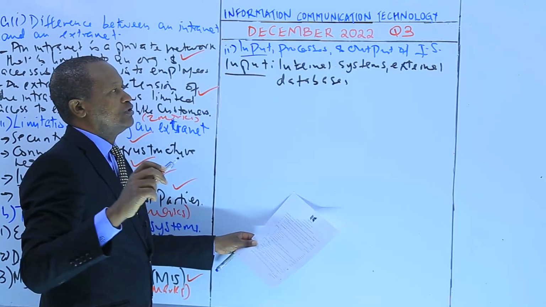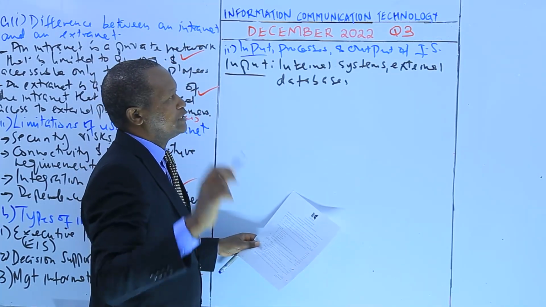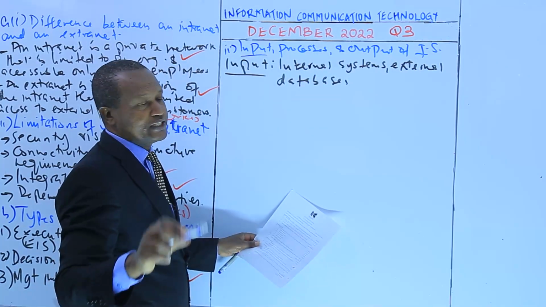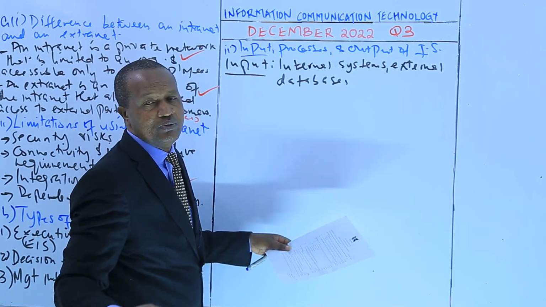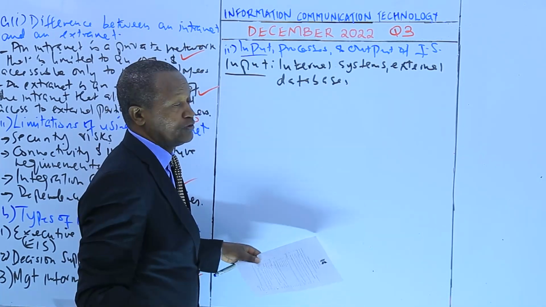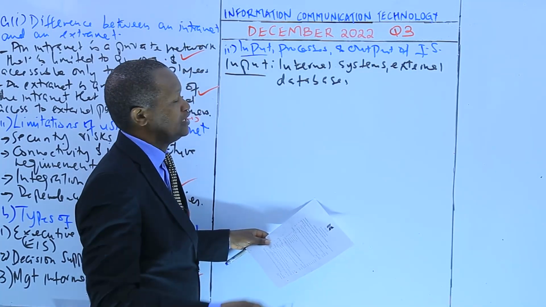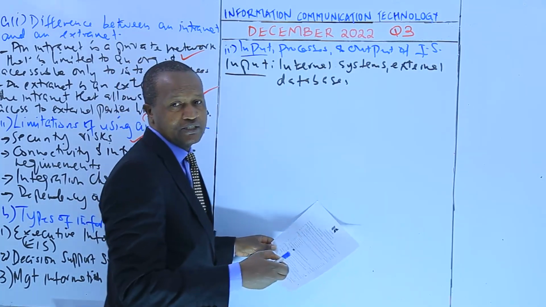Input, or data or information, can be obtained from internal systems. Data can be obtained from the documents within the organization. It can be obtained from departments, from management, from workers, internal systems. But it can also be obtained from external databases.